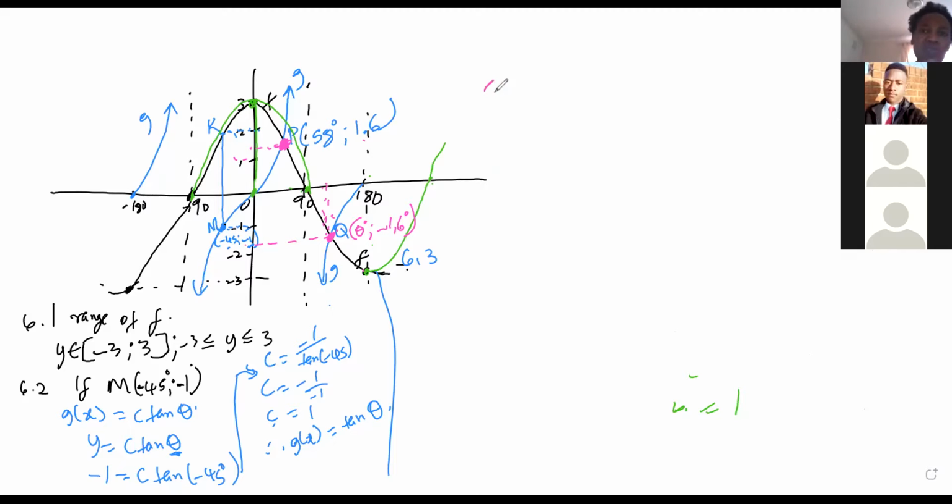Okay, so 6.5. They say K lies on F. So there's K.